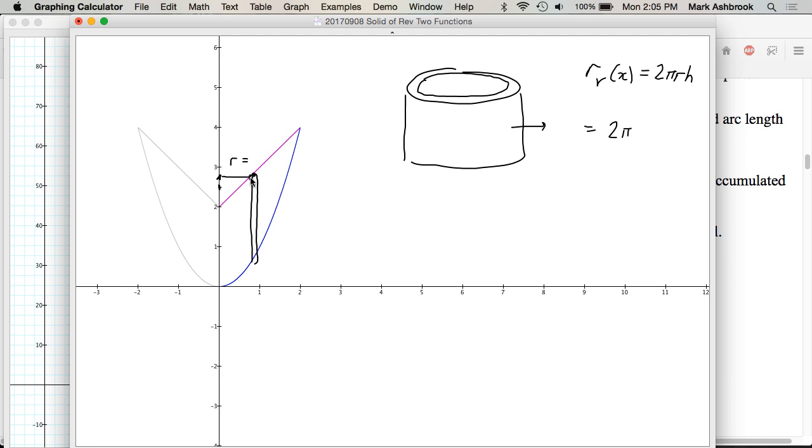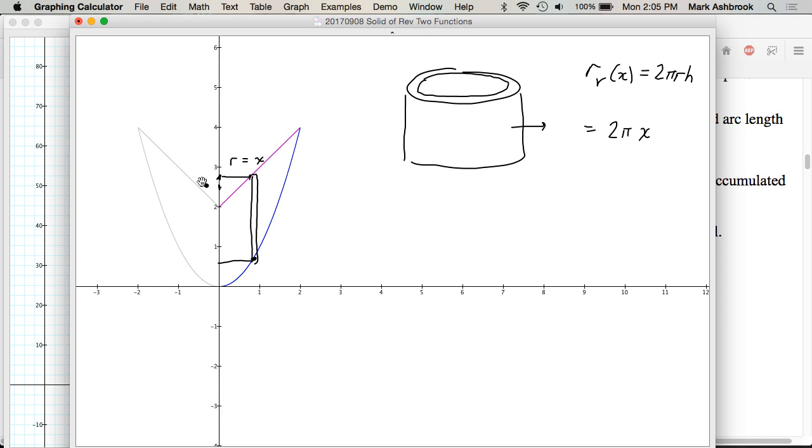You should be able to recognize that that's simply the x value. And that's either curve, right? So that's the same value down here on this curve. So from there to there is x. From here to here is the same x. So this is key, that you can recognize that right there is just simply the x coordinate of a point on either curve. So radius is x.